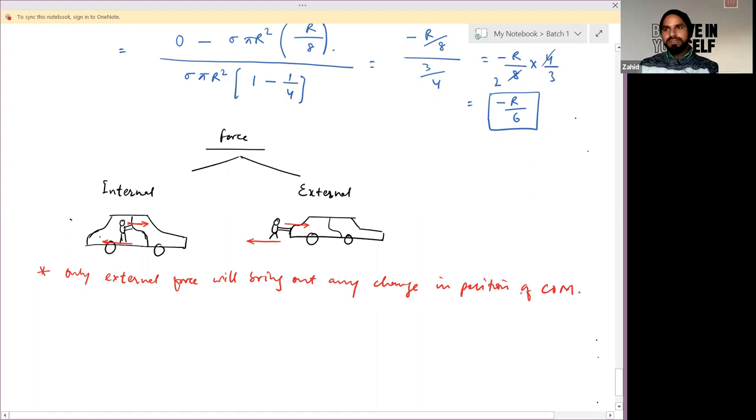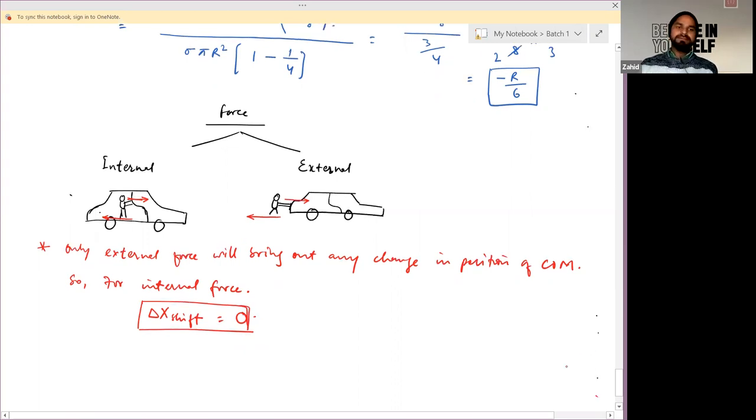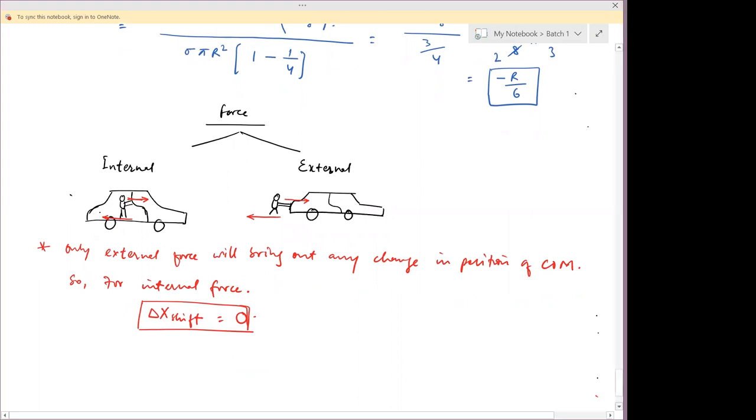So for internal force, the net shift in the position of the center of mass will be 0. So for internal force, the shift in the position of the center of mass will always be 0. Hamza, is it clear? Yes, sir.